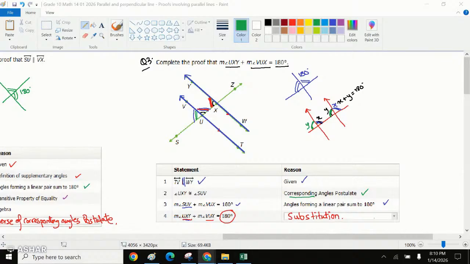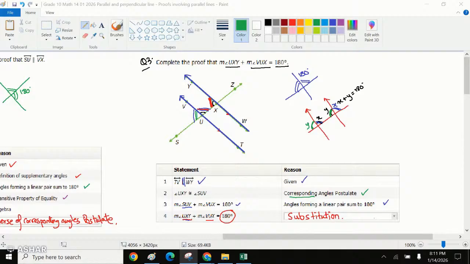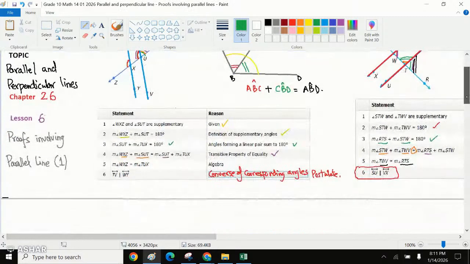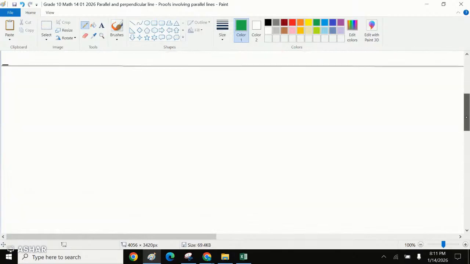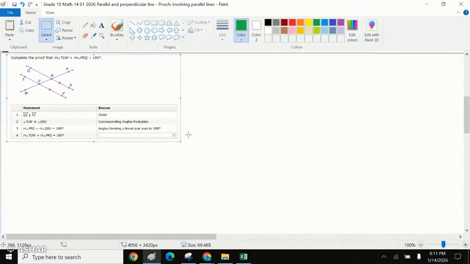Moving ahead to the next question, let me just copy it. Okay, just a minute, please. For question number 4, we have seen two properties right now: converse of corresponding angle postulate and substitution. For question number 4, let's see how we can complete the proof.